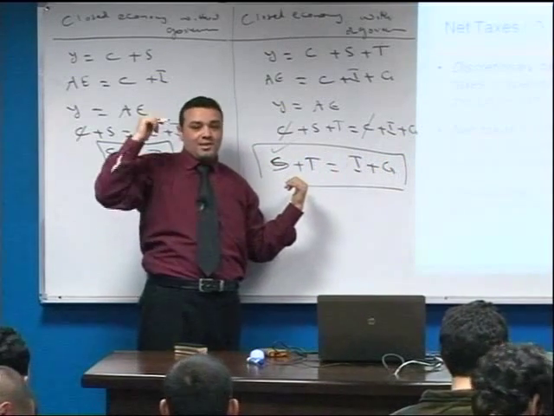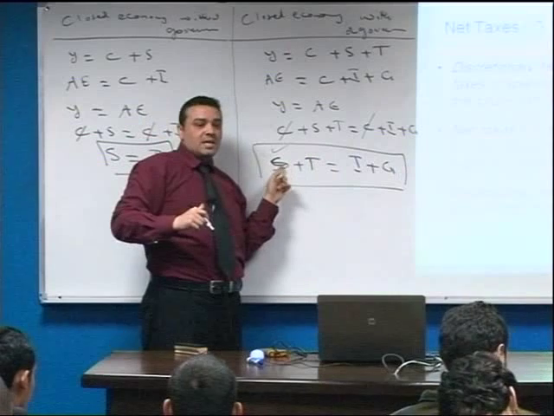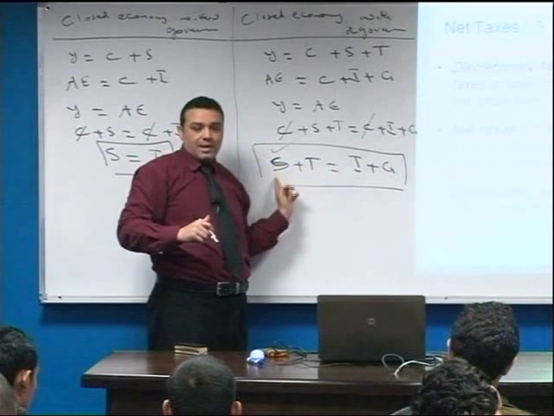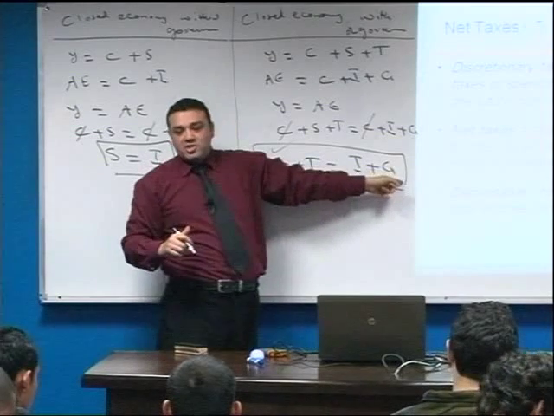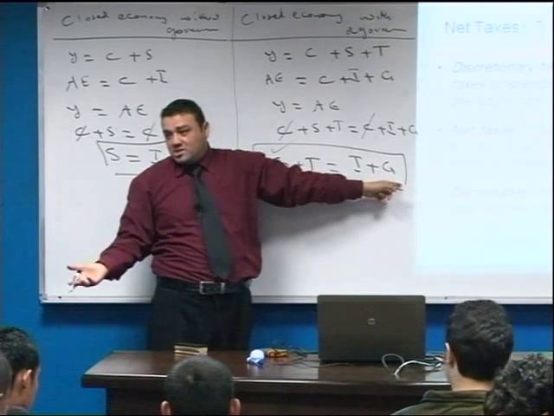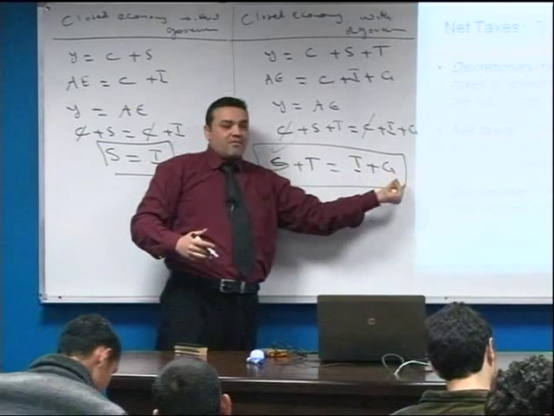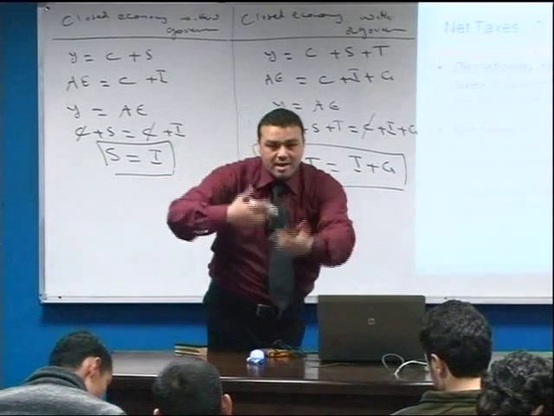As we mentioned in the last class, saving and taxes are leakages, and I and G are injections, because the planned investment and the government spending stimulate the economy.